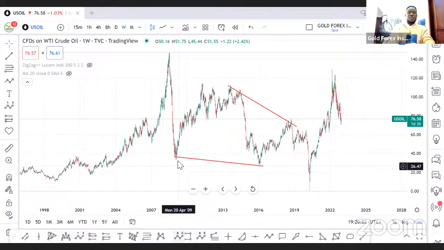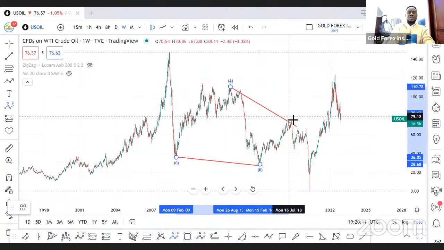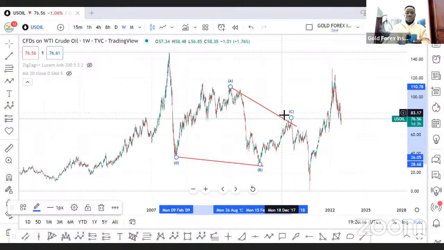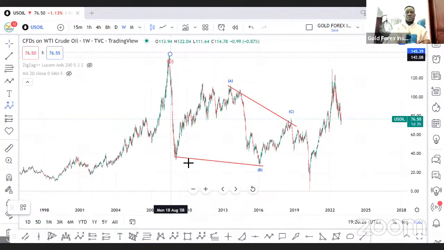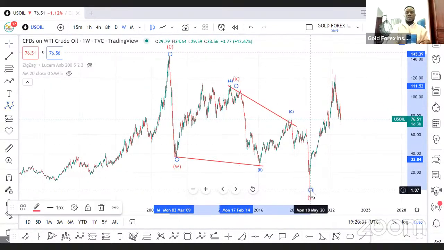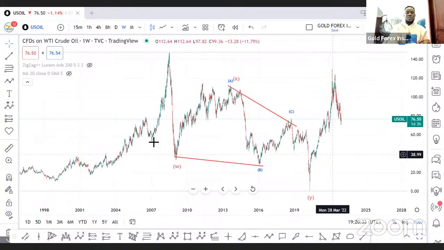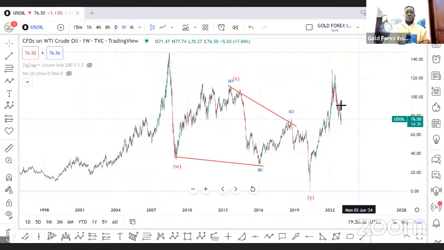Then this would be an A, B, C. So this move down becomes a W, X, Y. So impulse, correction, another impulse.